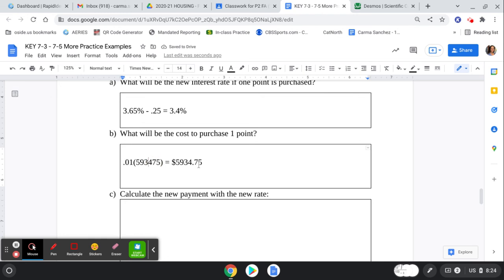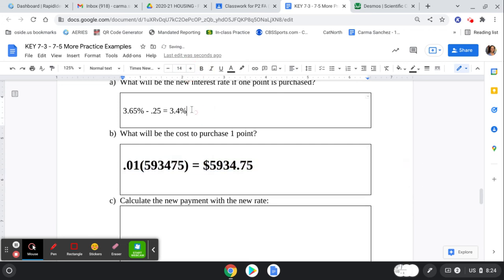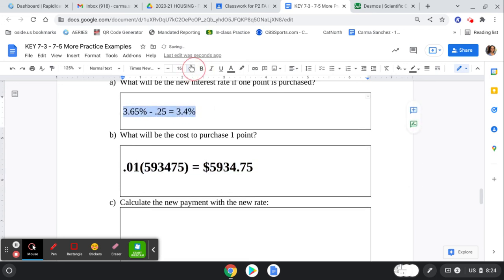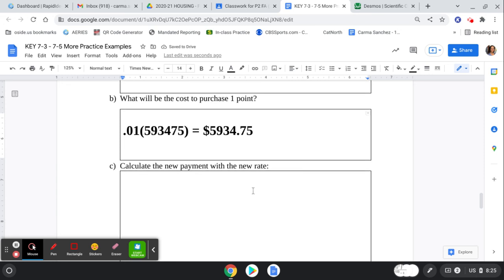And so your job, calculate the new payment with that new rate of 3.4%, and then subtract to get the savings, and then you're going to divide the cost by the savings so that we can see how many months.